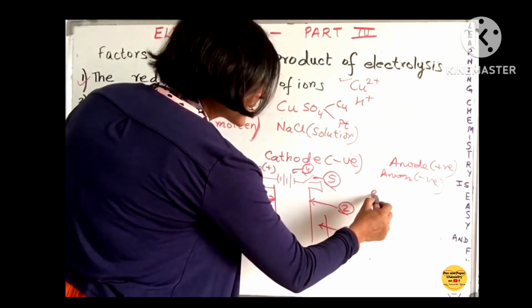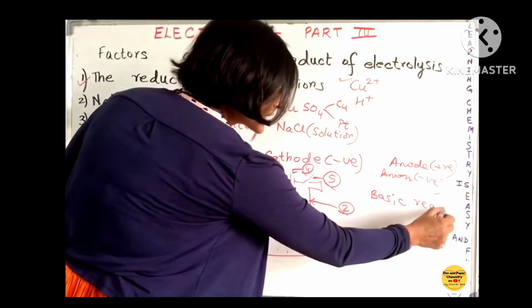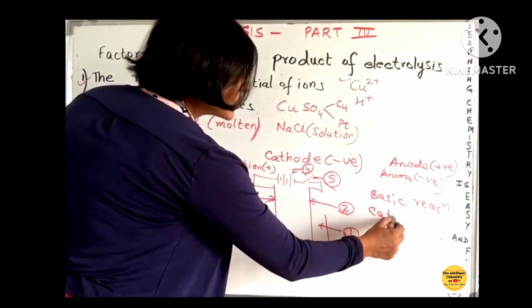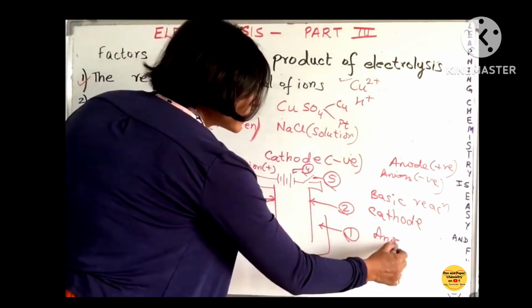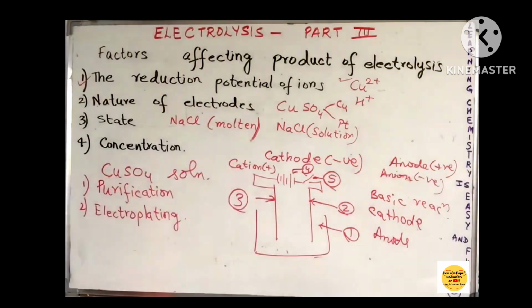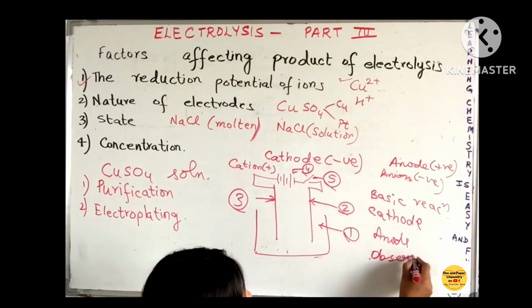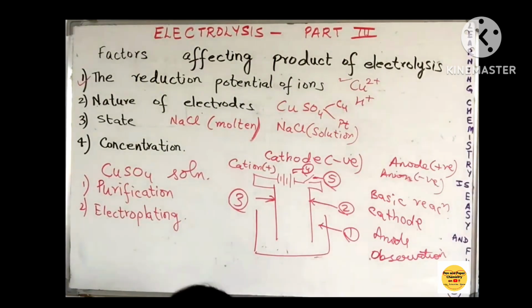First, the basic reaction, the dissociation or ionization reaction. Then the reaction at the cathode. Then the reaction at the anode. And last and most important are the observations that you make during any electrolysis process.